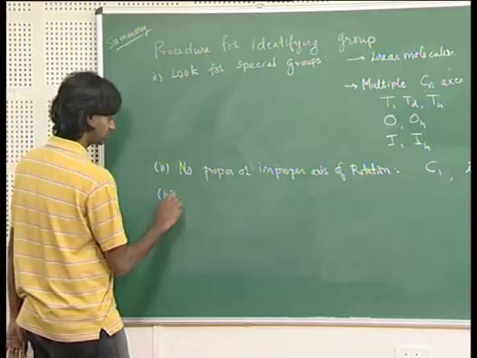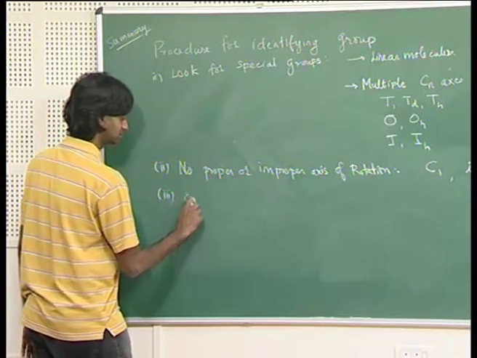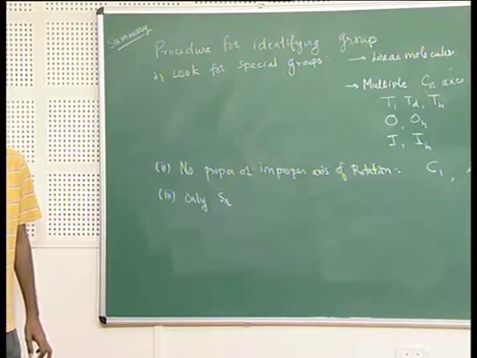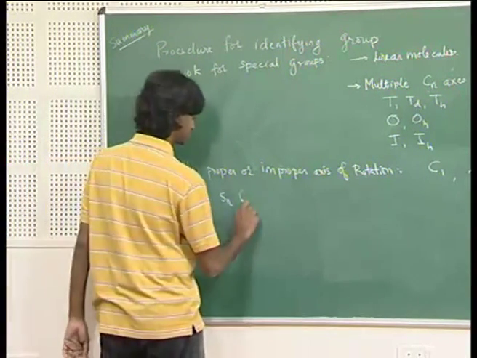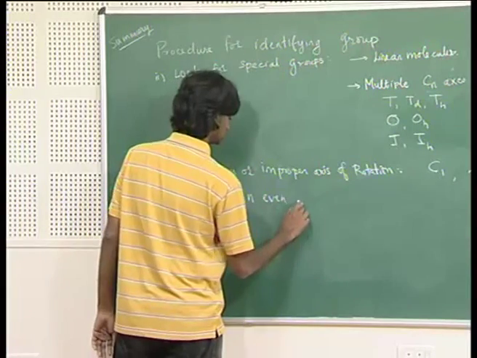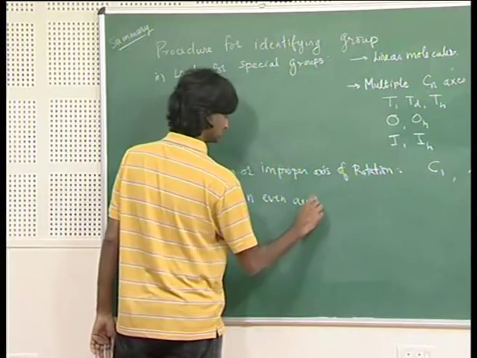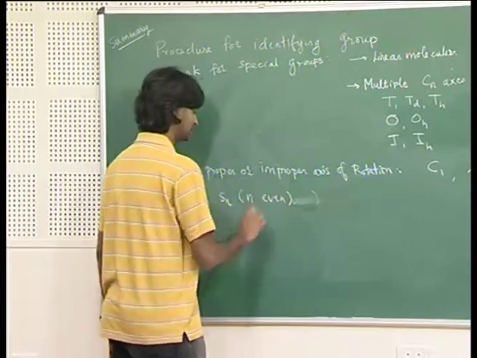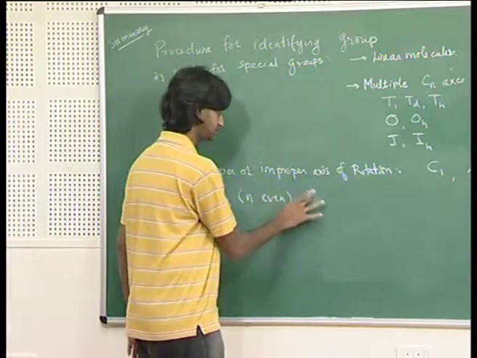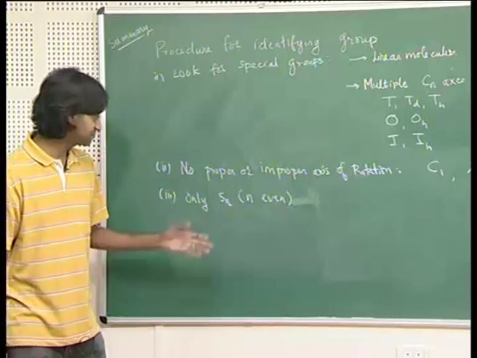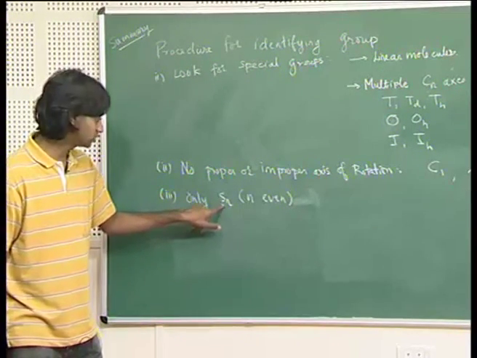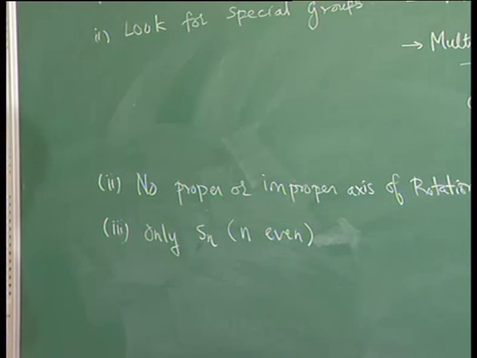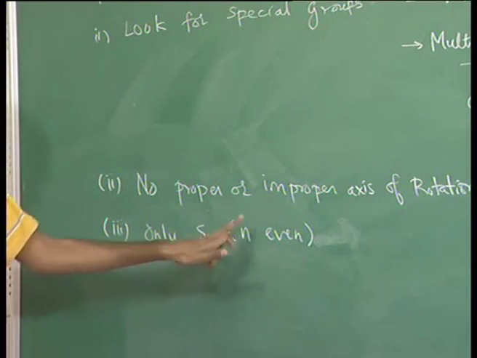Then you look for molecules that only have Sn, and obviously n has to be even. Remember, S2n is the same as containing Cn; so it has only Sn axes where n is even.